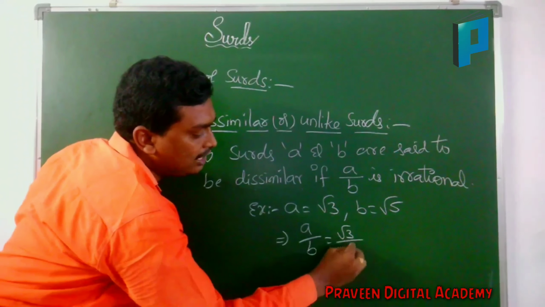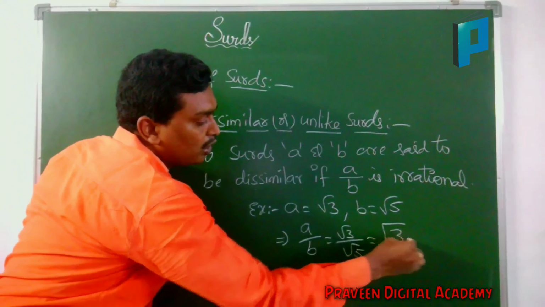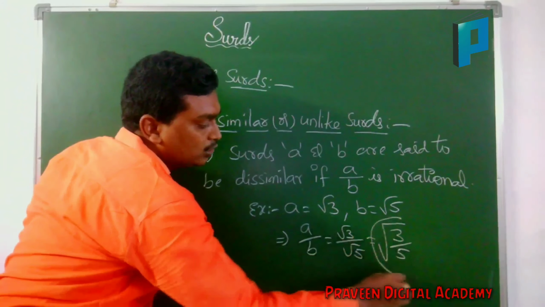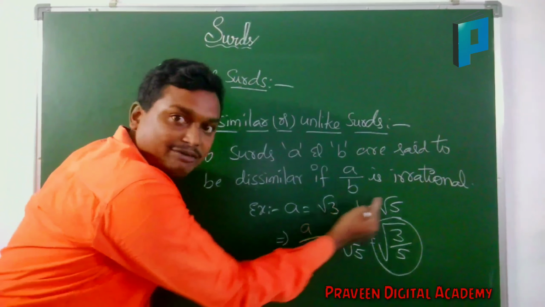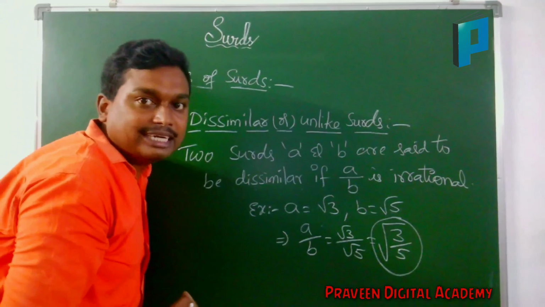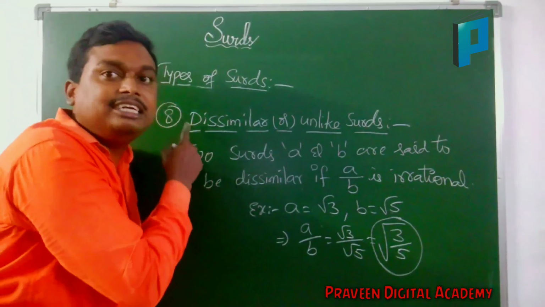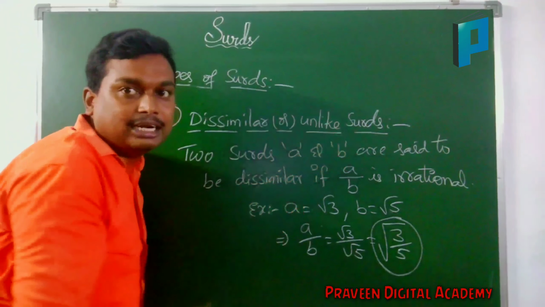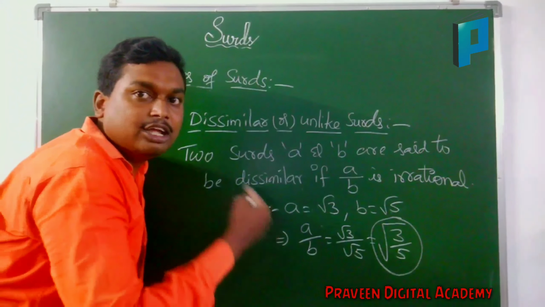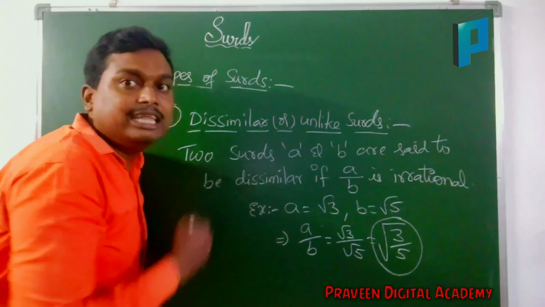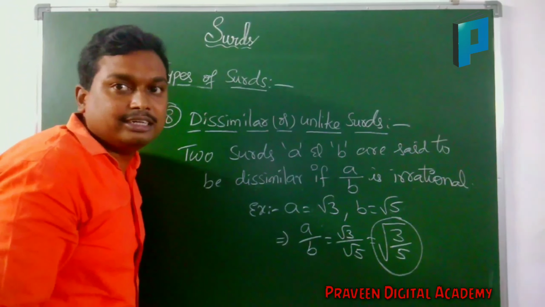Root 3 by root 5, which is root of 3 by 5. This root of 3 by 5 is an irrational number. After dividing the two surds, if you get an irrational number, that is dissimilar or unlike surds. If you get a rational number, then it is called similar or like surds.